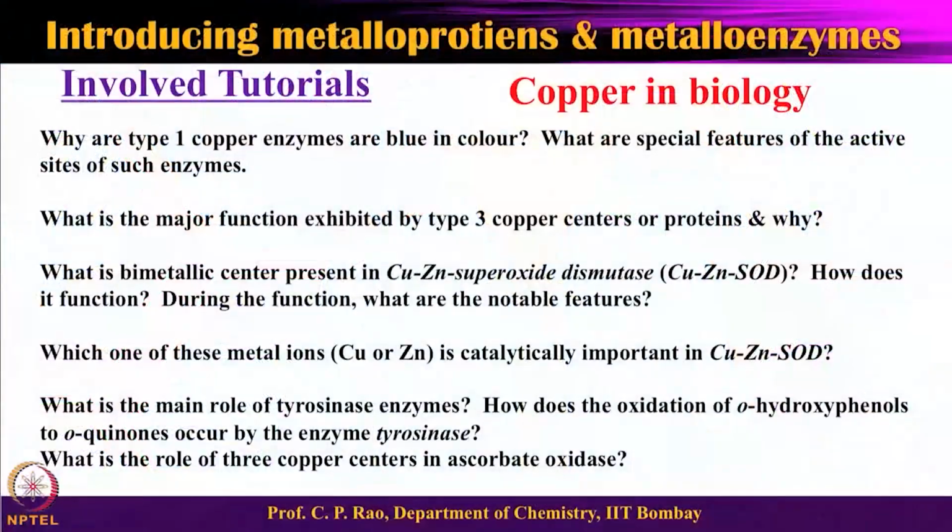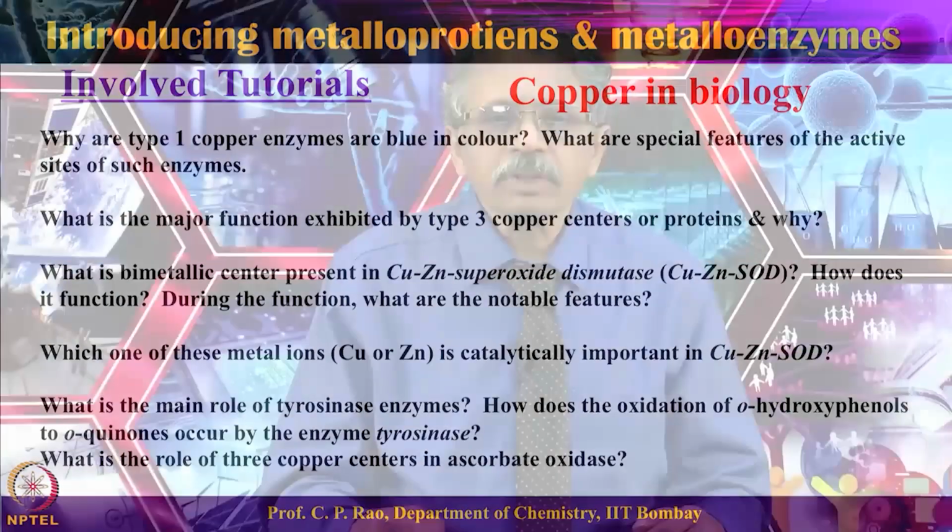no bridging. Now, when the oxygen comes into the picture, the oxygen will be activated between the 2 coppers by giving 1 electron each and making it O2 2 minus, and the coppers will all get oxidized to the corresponding copper 2 plus. The tyrosine or hydroxyphenols which bind at the copper center will be oxidized by this.